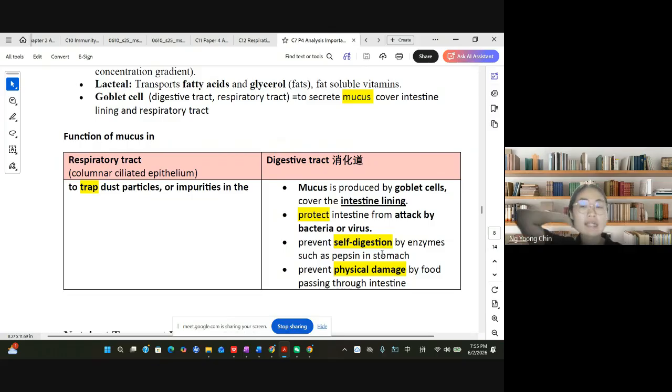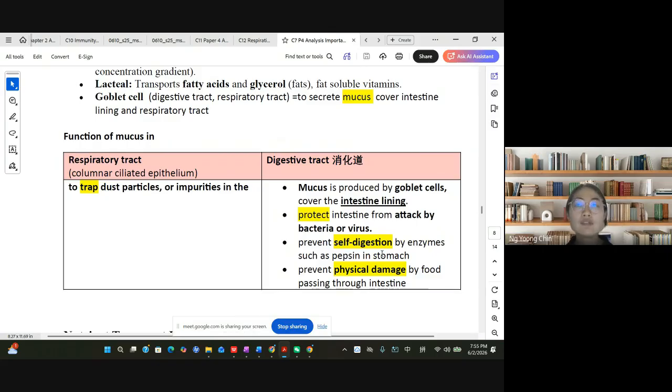And then you can protect your alimentary canal, which is the long tube, including your esophagus, your stomach, your small intestine, large intestine. They are made from smooth muscle, okay? So that's why they can contract and relax by peristalsis, or peristaltic actions.